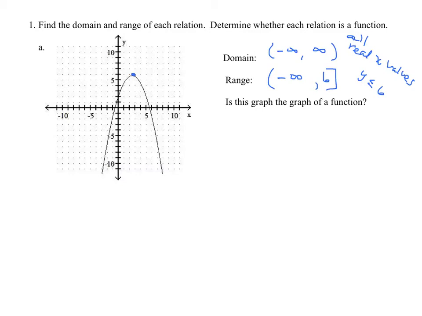Now, is this graph a function? For every x value, is there exactly one y value? Yes, because I could use something called the vertical line test. That says that if you draw a vertical line at random anywhere through the graph, it hits the graph at most once.